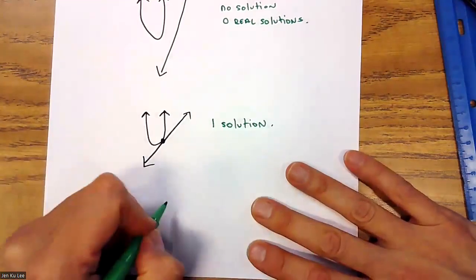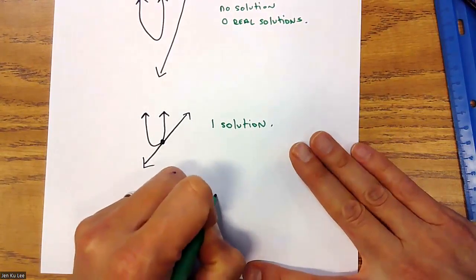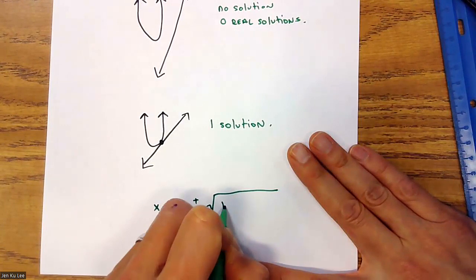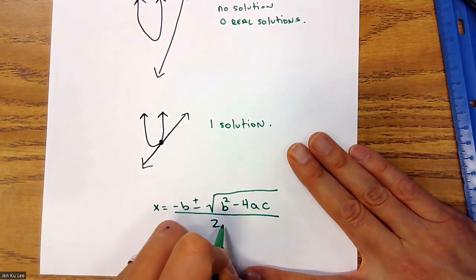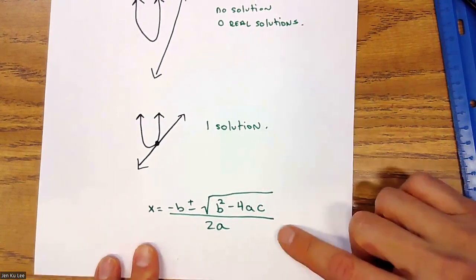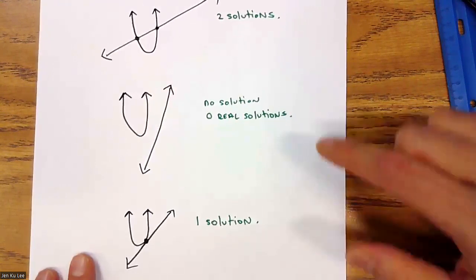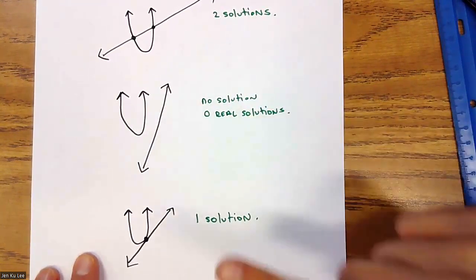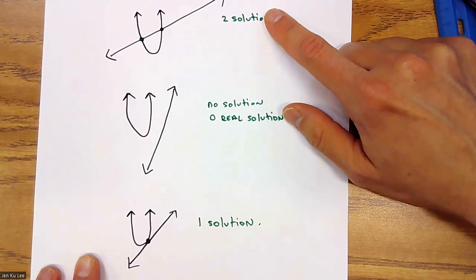Remember, the quadratic formula is x equals negative b plus or minus the square root of your discriminant, b squared minus 4ac, all over 2a. And this piece right here tells us if it's 0 real solutions, 1 real solution, or 2 real solutions, okay?